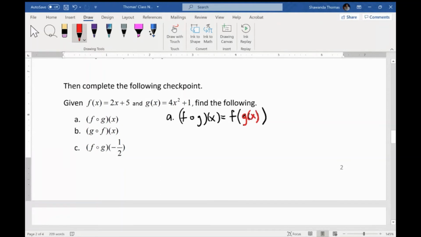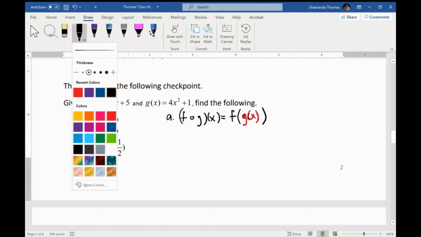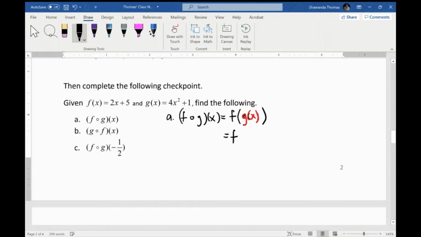We're going to write down the outside function. This one is f. The outside function is f, but we're going to replace the inside function with what it is equal to.